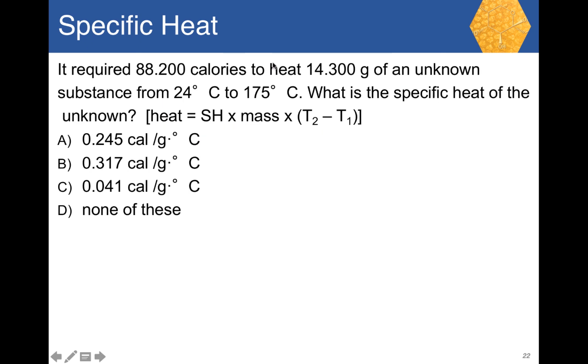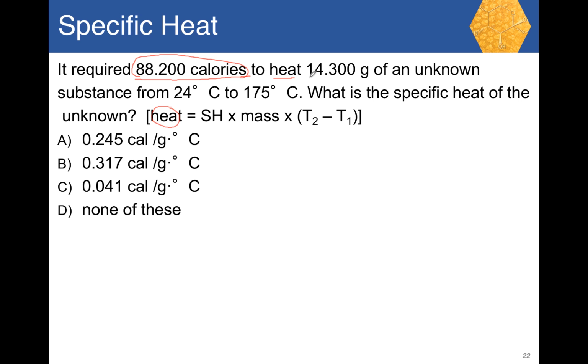Here's another example. This one here is a little different because we are required to calculate something different. So let's read it. It required 82 calories to heat. So this is a unit of heat, which is right here.